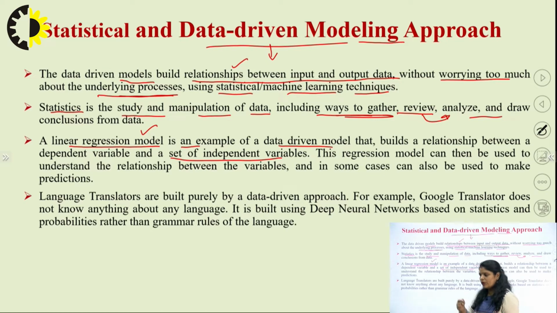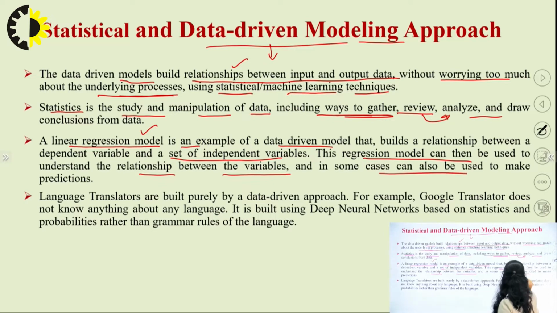We plot a graph between the dependent and independent variable, and this model can be used to understand the relationship between the different variables, and in some cases it can be used to make predictions also.